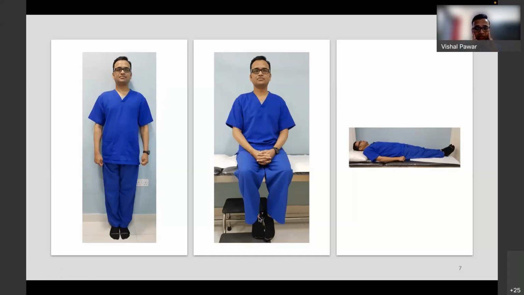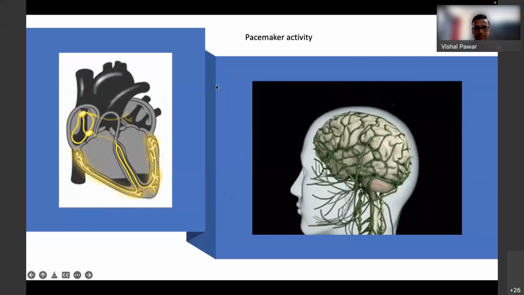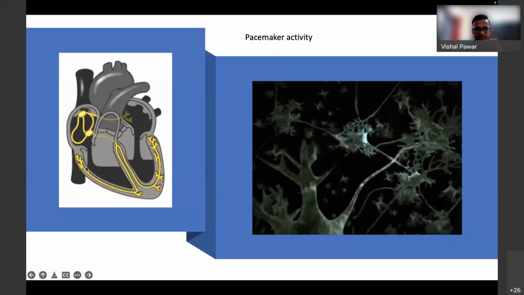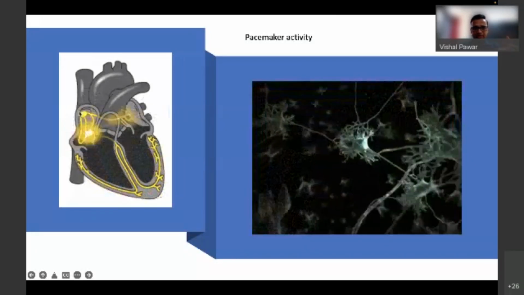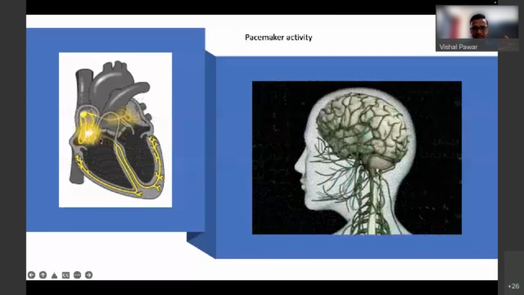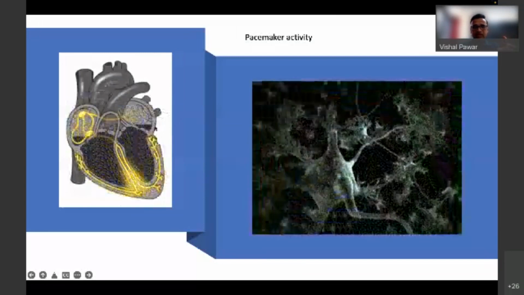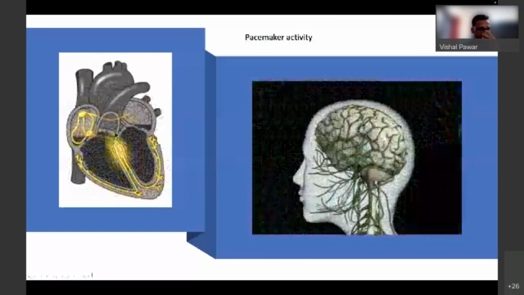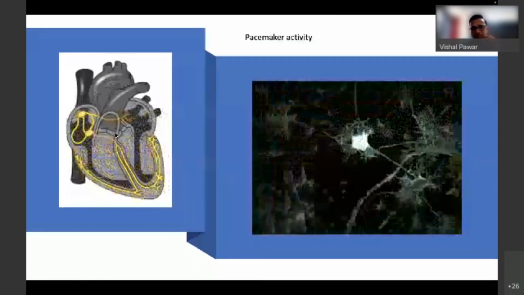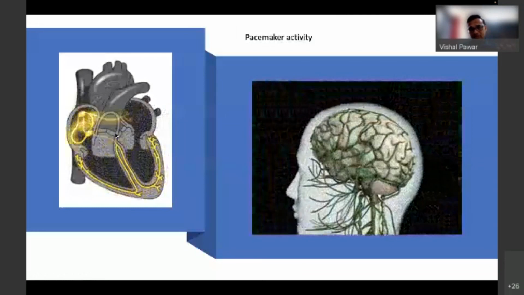That's why we don't have a sense of unsteadiness, dizziness, or vertigo during the steady state. So it is something like cardiac pacemaker activity. We are quite aware that the heart has pacemaker electrical activity, and continuously the heart is pumping. Because we feel the heartbeats, we can feel the pulse, we know that the heart is continuously functioning.